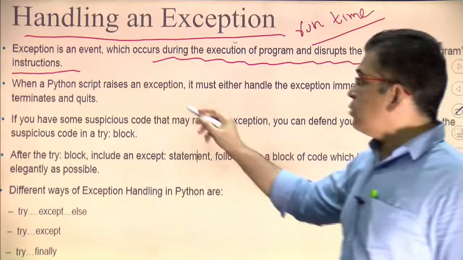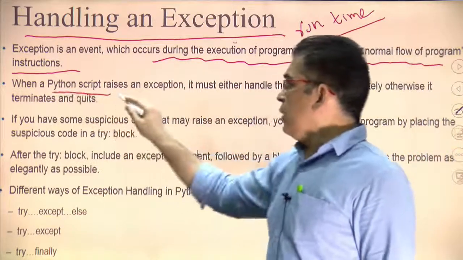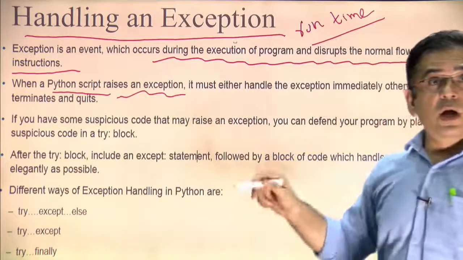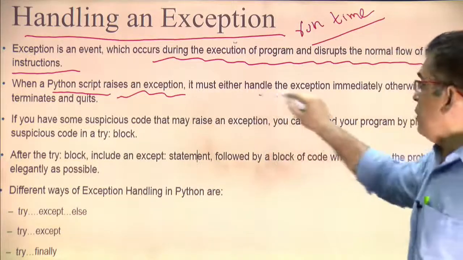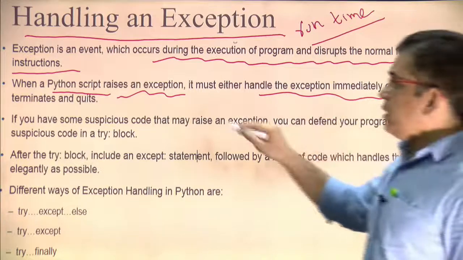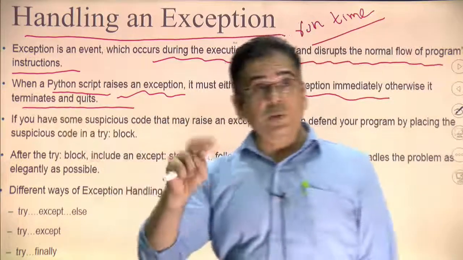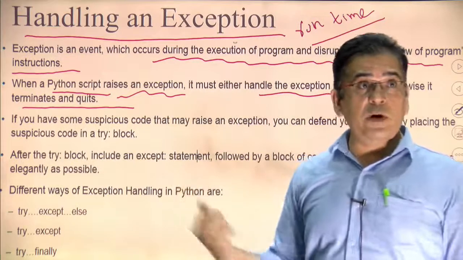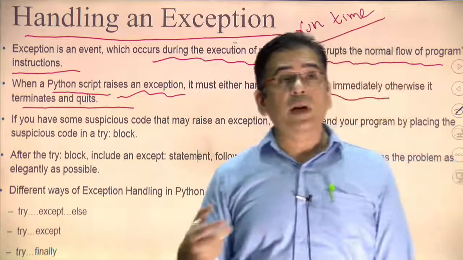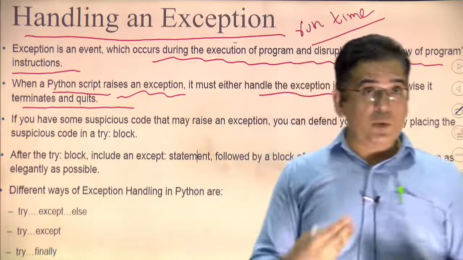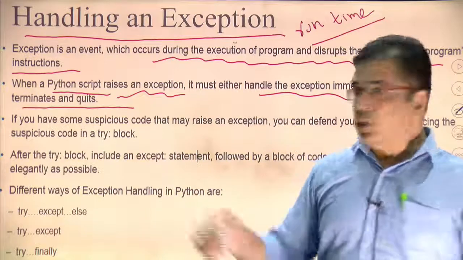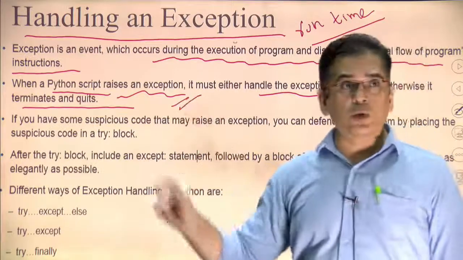So when a Python script or Python program raises an exception, either it must handle the exception immediately, otherwise it terminates and quits. In the beginning slide, a question I put in front of you: what will the user do when an exception arises? Either the program quits or we handle the exception. These are both the options available here.